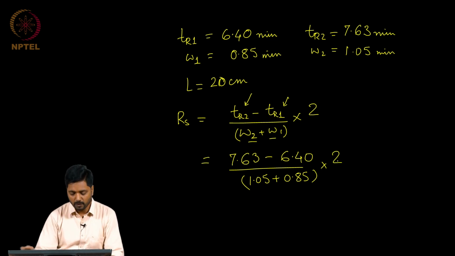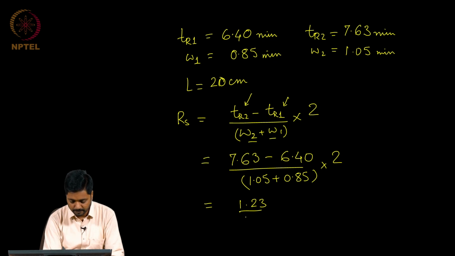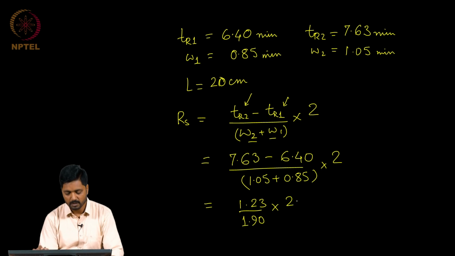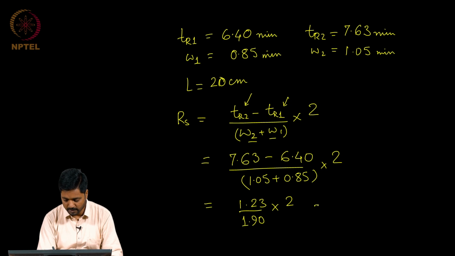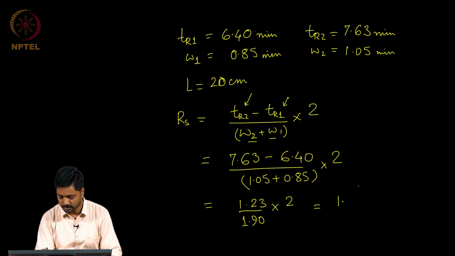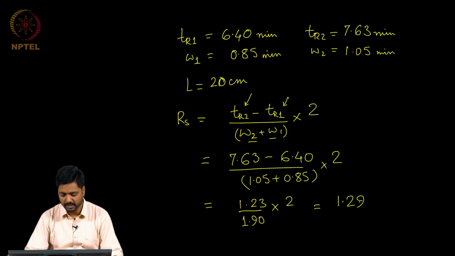When we solve this out, this turns out to be 1.23 divided by 1.90 into 2, and this finally solves out to be a resolution of 1.29.